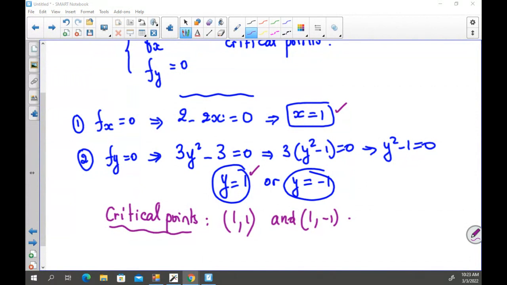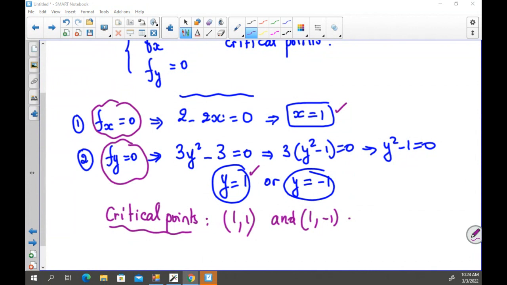So first, fx equals 0. Solve it. This gives us x equal 1. Then fy equals 0. You solve it. You get 2 values of y. And then the critical points are given like that. Okay, now let's move to the next one, which is this one.